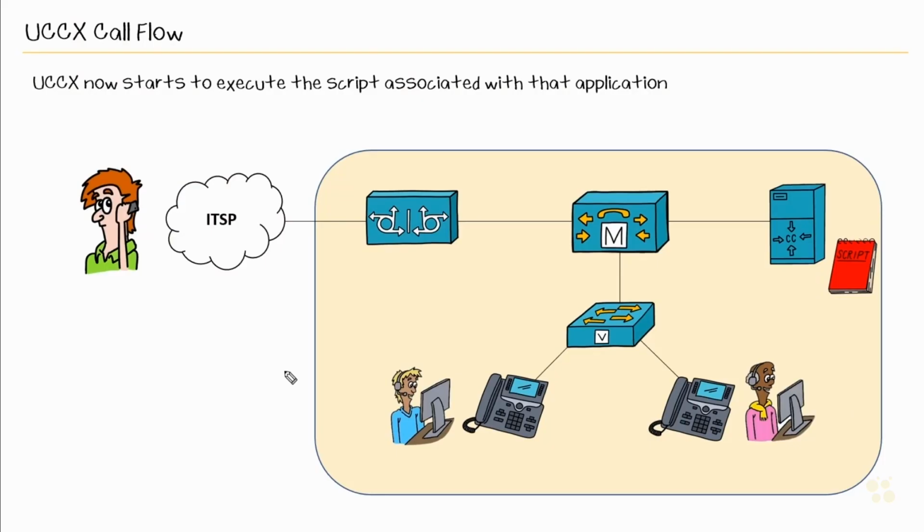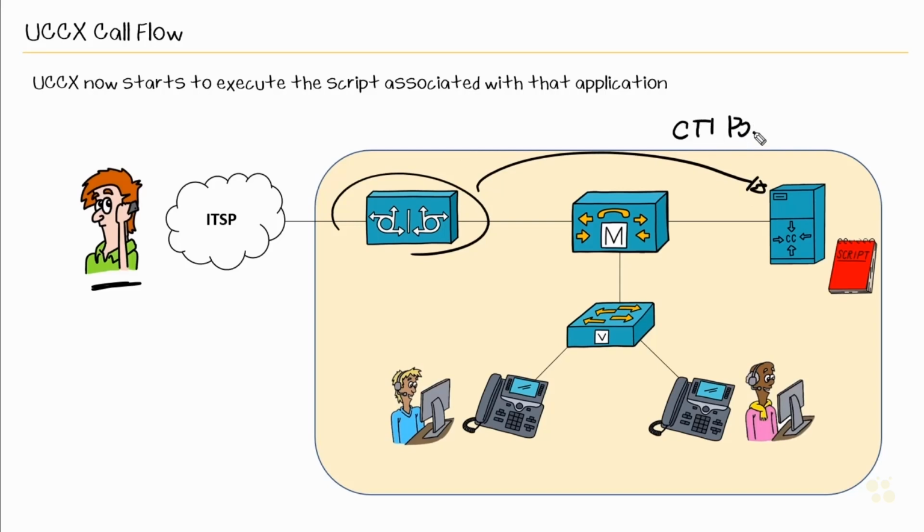So I wanted to back up here and just further explain that when this call comes into our environment through CUBE, the RTP stream is initially between CUBE and CCX via that CTI port that was initially chosen. And the CTI port is what plays the prompts and the menus, and that of course is played to the caller right here that calls in.